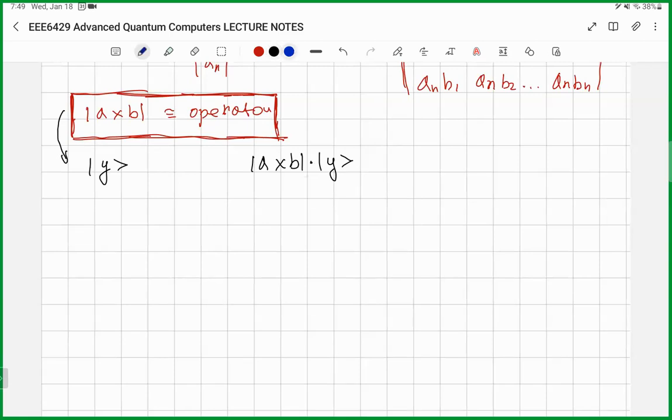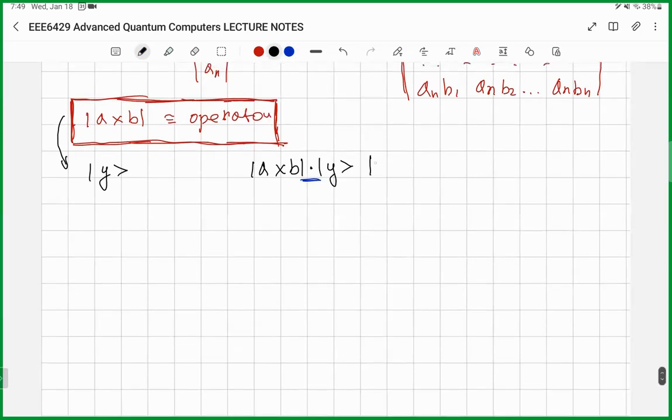Again, we don't write the things like this. We write it this way. So it is equal to ket, then bra, and then this vector y.